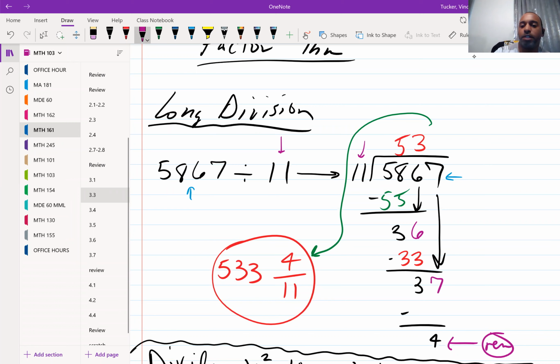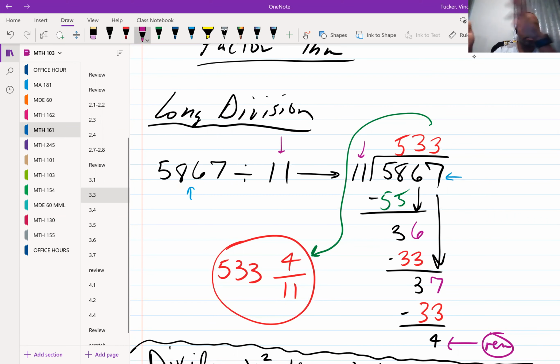Bring down the next digit. And it's 37. How many times does 11 go into 37? 3 times. 3 times 11, once again, 33. 37 minus 33 is 4. That number that we have left is our remainder.